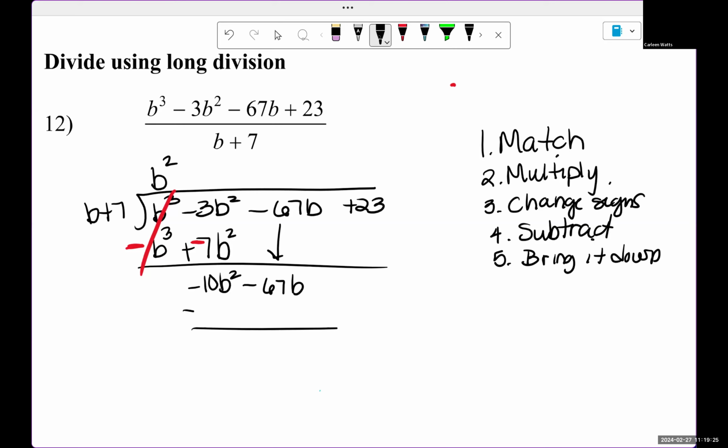Make it match. So up here, we need negative 10b. Multiply. Negative 10b times b is negative 10b squared. Negative 10b times 7 is negative 70b.